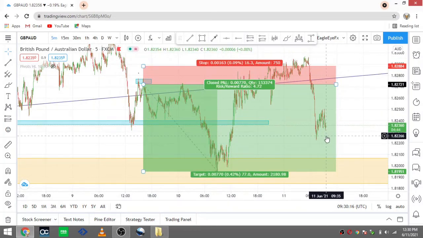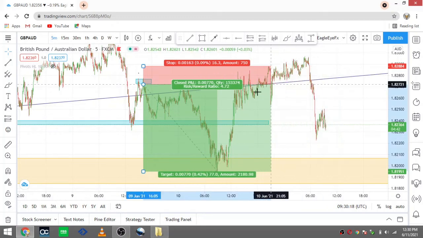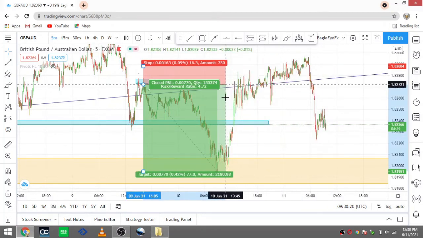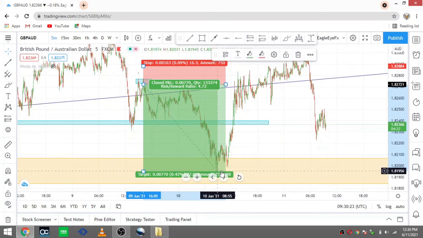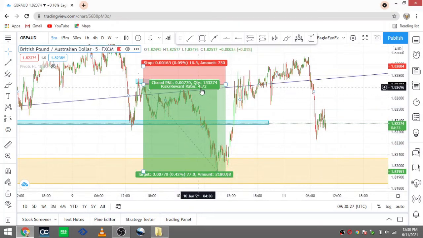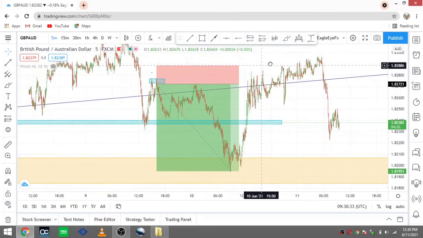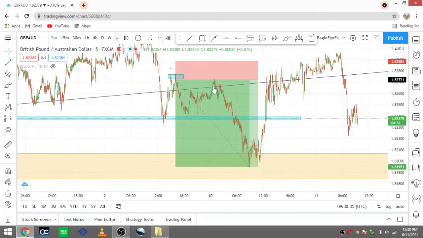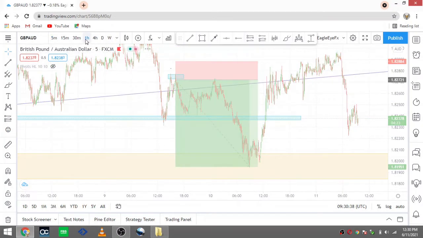Before now it has gone back down again, but we exited at somewhere around there when it reached here, this 4-hour time frame. That is when we exited, and it was a beautiful 4.72 RR.